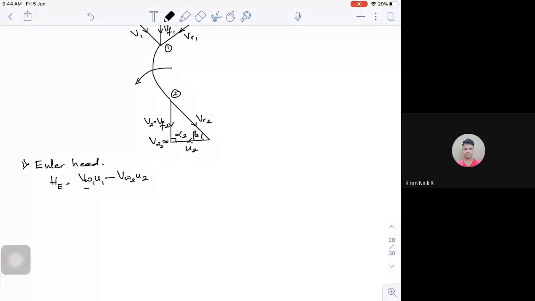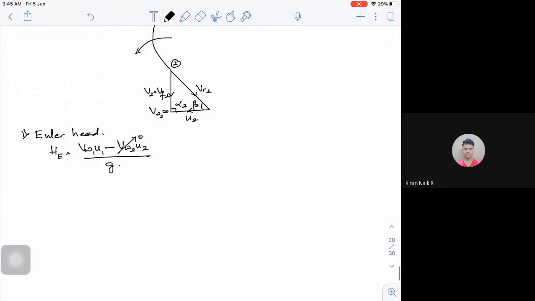So my VW2 is equal to 0, because the whirl component at the exit is 0. So it will be simply VW1 into U1 by g. So this will be my Euler head.